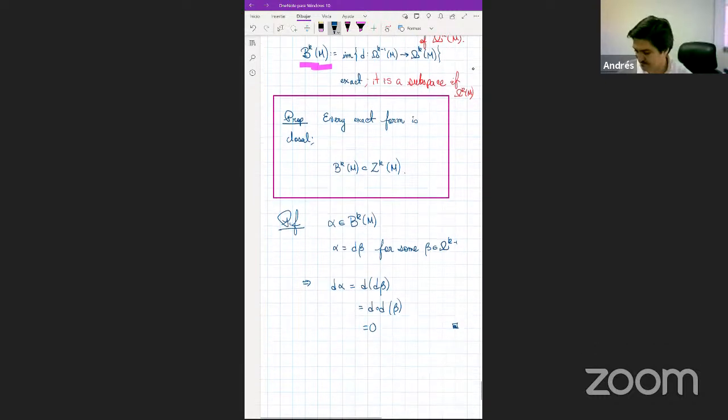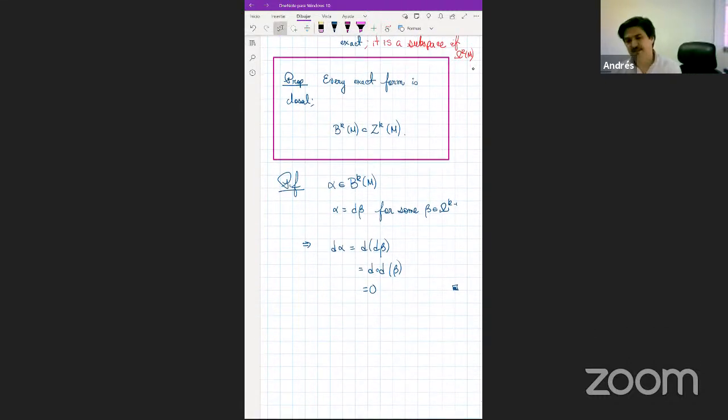Now, this is the interesting aspect of all of this. So this is a linear subspace of this one. Both of them are infinite dimensional. But however, the quotient is finite dimensional.